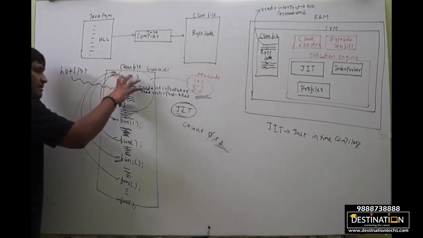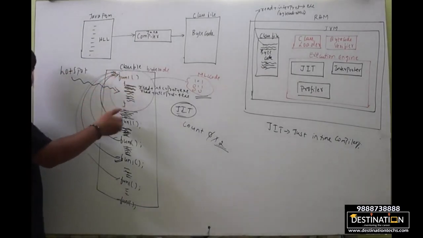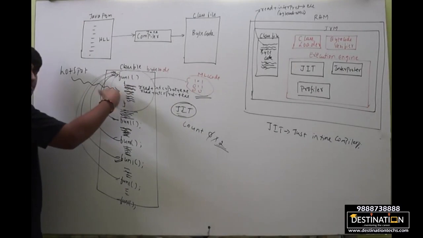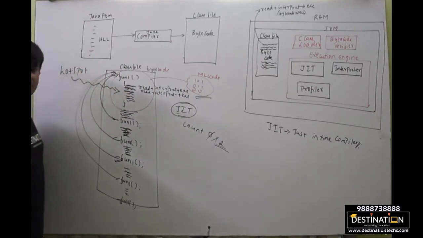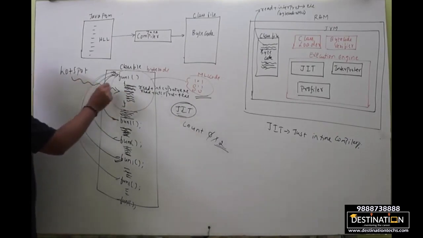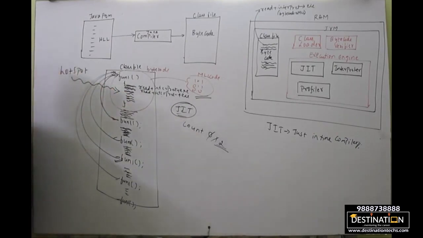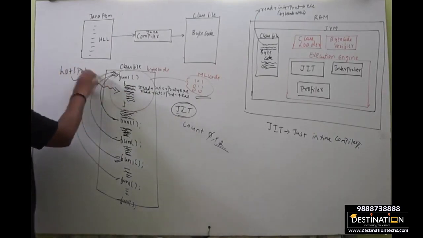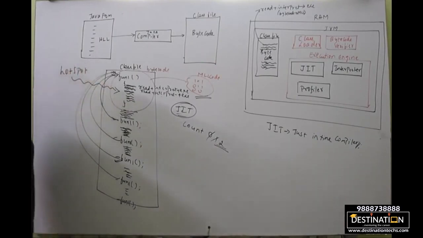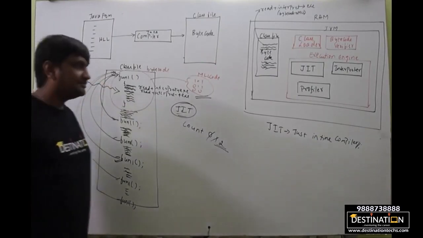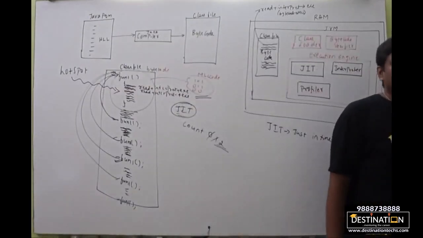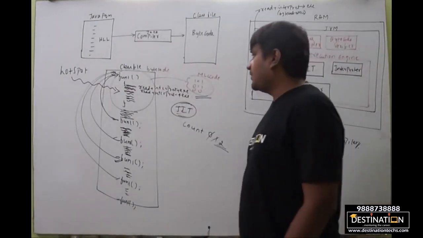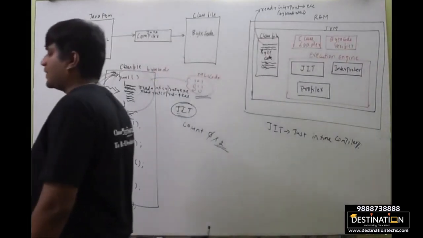In a program, if a method is called repeatedly many times, that method is called a hotspot. So in the diagram, just point the arrow and make it. The next subpoint, profiler.